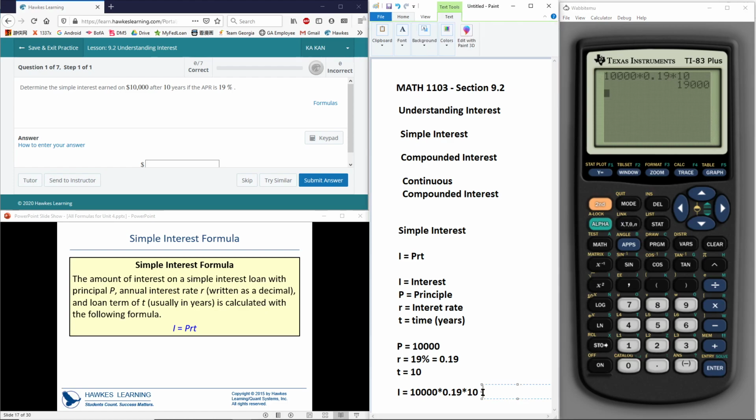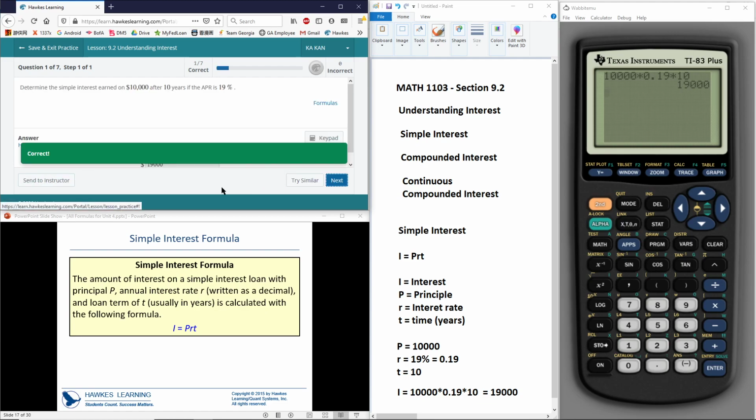That should equal 19,000. So $19,000. That's how much interest you have to pay over this loan.